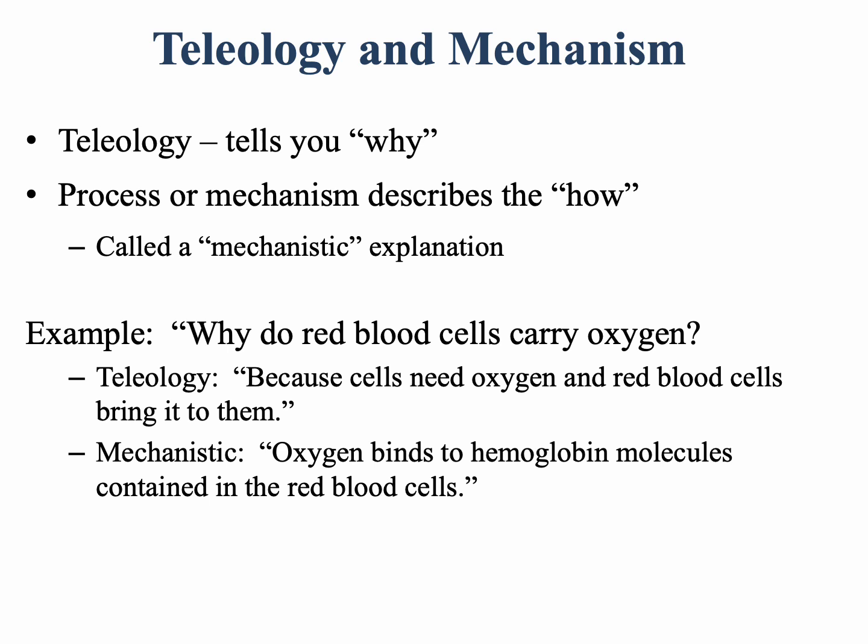And then answer number two might be because the molecule hemoglobin found in red blood cells will bind to oxygen. Okay, so how, in this case, is explaining the mechanism. So we understand that the mechanism behind red blood cell oxygen transport is the hemoglobin.